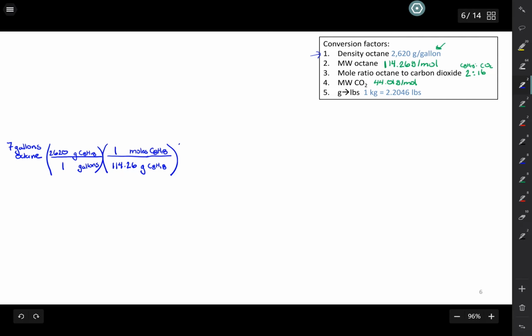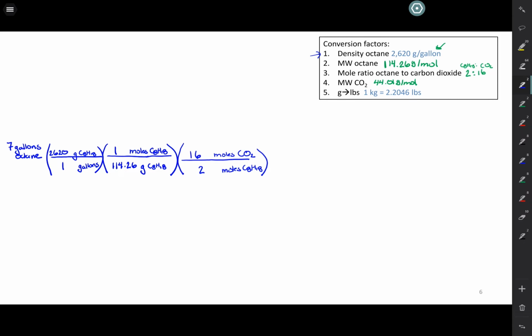And the next step is getting rid of moles of octane and going to moles of CO2. And that is 2 moles of octane to 16 moles of CO2.